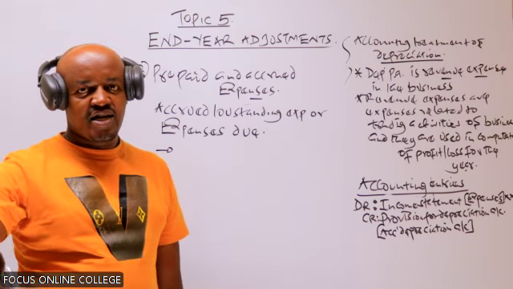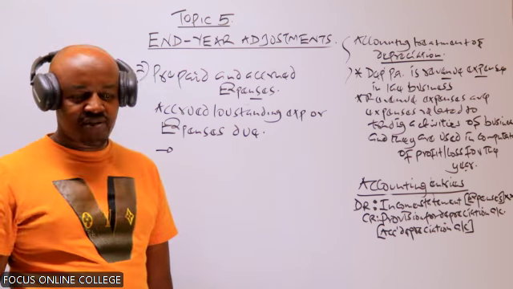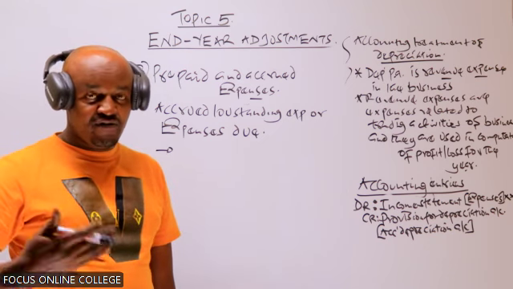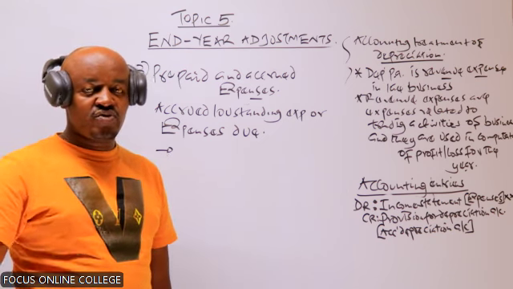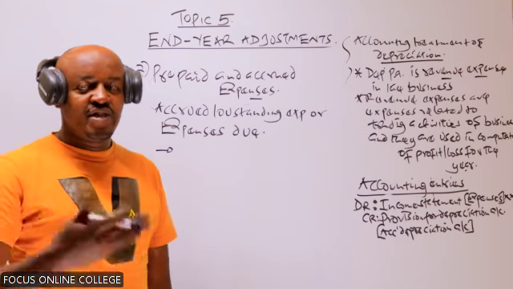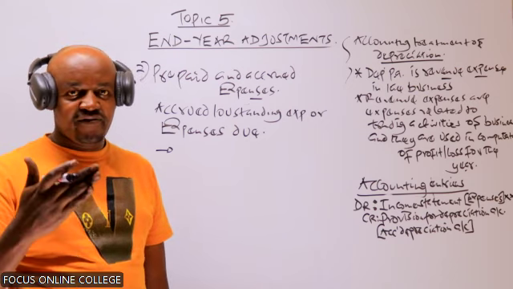When balancing your ledger accounts, because you have not paid for these expenses, you will not have accounted for them, meaning that they will not have been recorded in the respective ledger account.